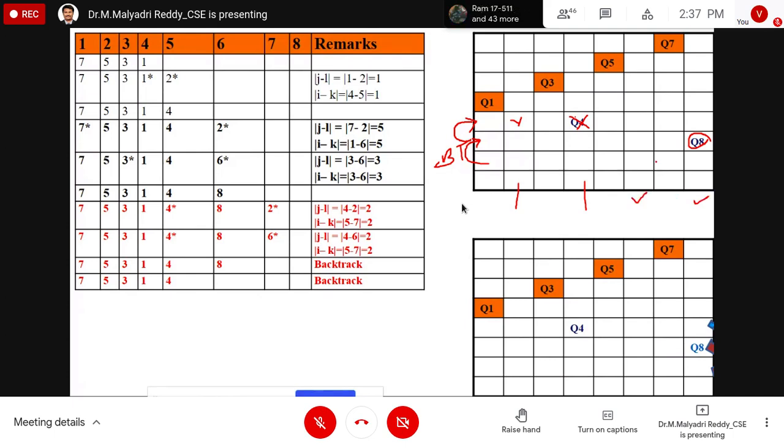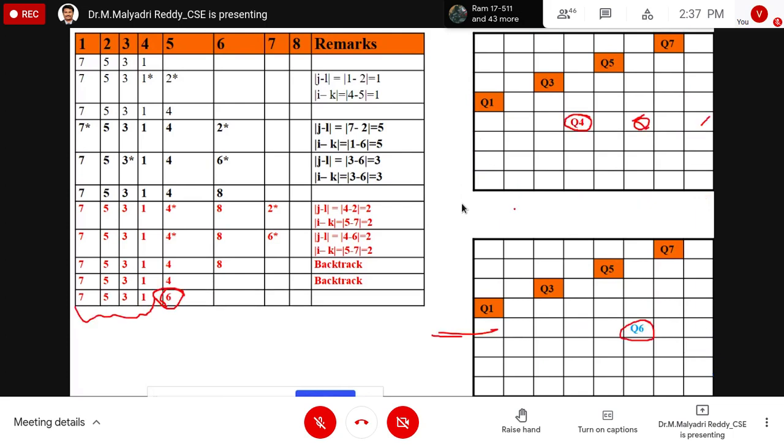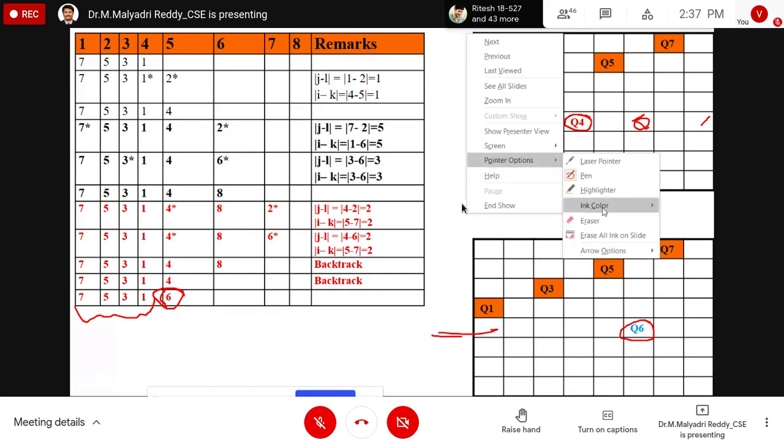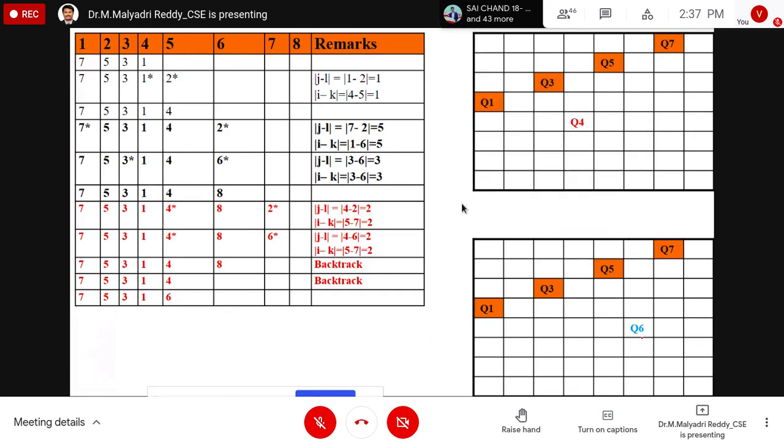Then I have to plan for 6, right? So I place it, simply saying Q4 is not a feasible solution. By applying the backtracking, Q6 is placed. Yes, again the same process will continue.